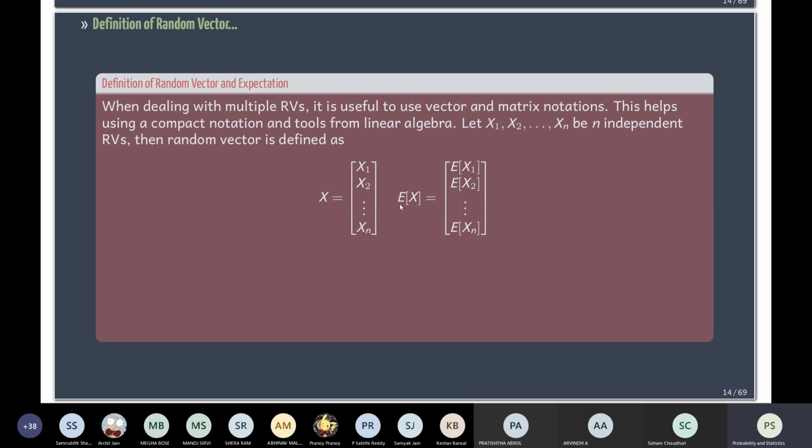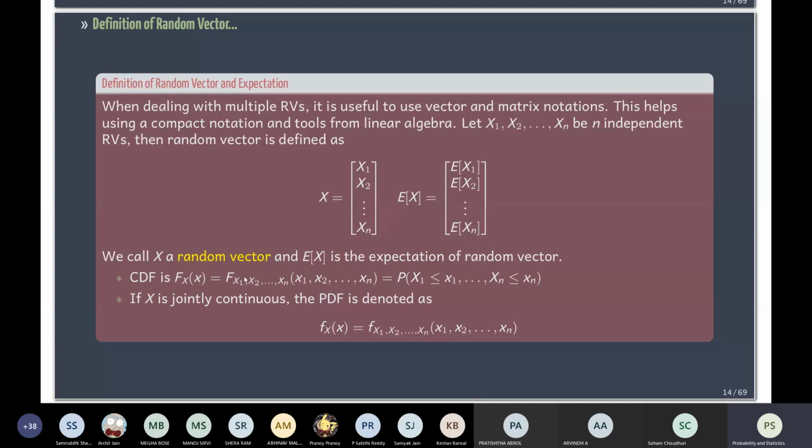So the expectation, again due to linearity, will be component-wise. If I want to compute the expectation of a random vector, then it will be the expectations of the components, which are the random variables. So we call x a random vector in this case, and E[x] is the expectation of a random vector, obviously.